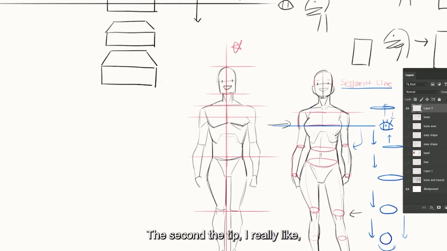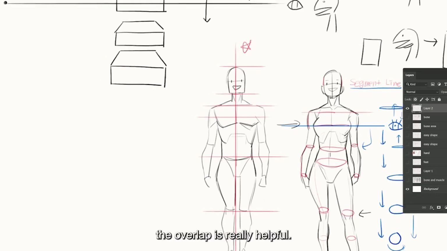The second tip that I really like is foreshortening. When you draw foreshortening or draw a character in space, overlap is really helpful.